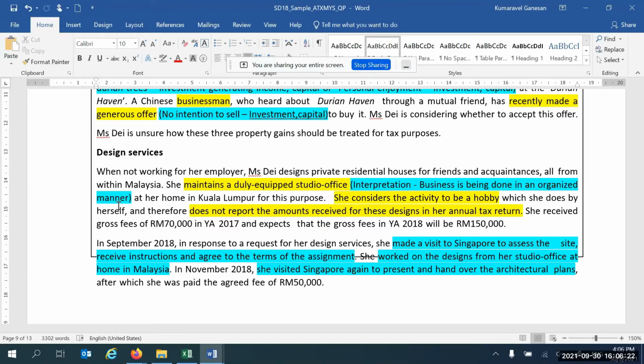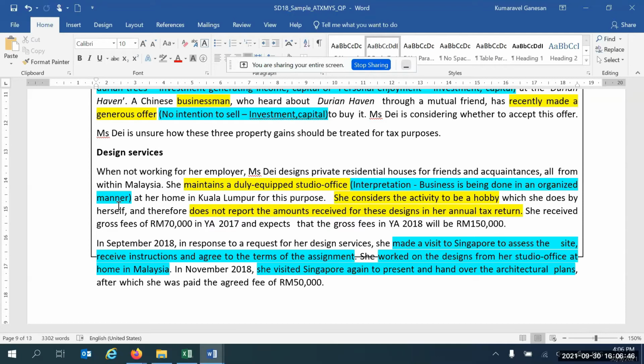But if you can, you just have to mention that this is a hobby. Hobby is not an essential criterion for whether it's a business income or not. We have to look at what she is doing. We have to look at whether she's doing it in an organized manner or not, and so on.